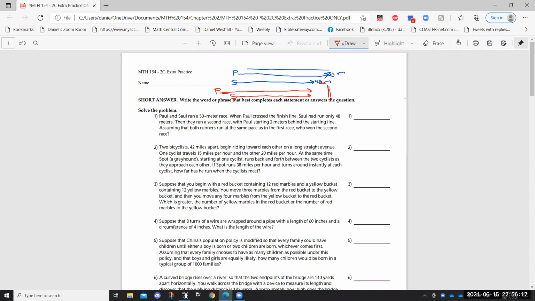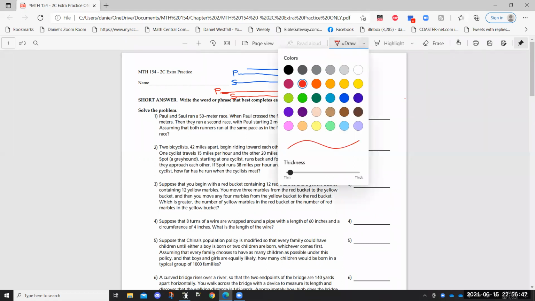The race ends down here. Paul clearly ran faster than Saul, finished faster here. So Paul is going to get to the finish line faster than Saul would. I don't care exactly what this distance is in between them. The problem doesn't ask me, it just asks me who is going to finish the race first.